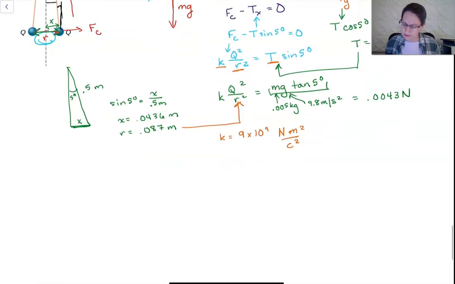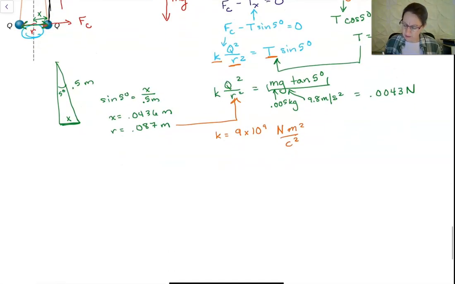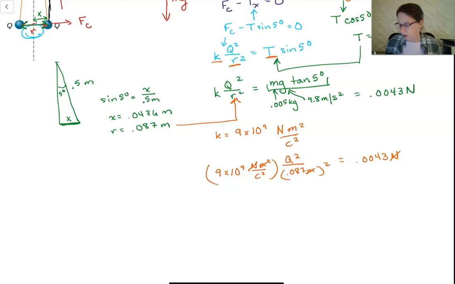Then I can plug all of these things in, and I have 9 times 10 to the 9th Newton meters squared per coulomb squared times q squared. My r is 0.087 meters squared is equal to 0.0043 newtons. The newtons cancel out, the meters squared cancels there, and so my q is equal to 6 times 10 to the minus 8 coulombs.